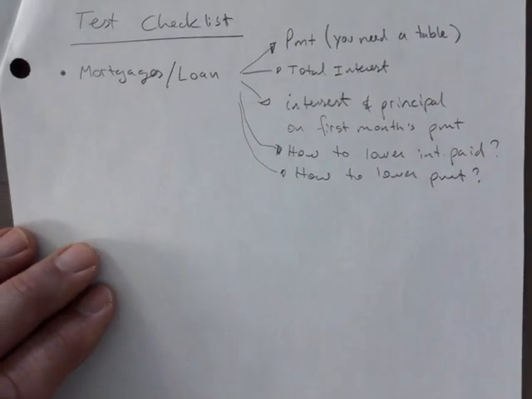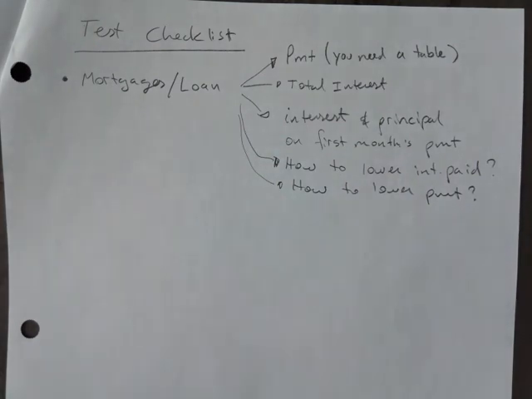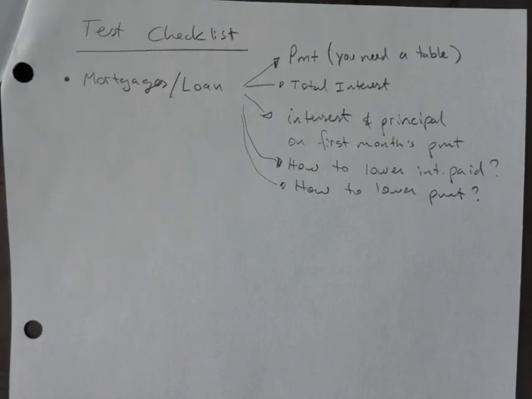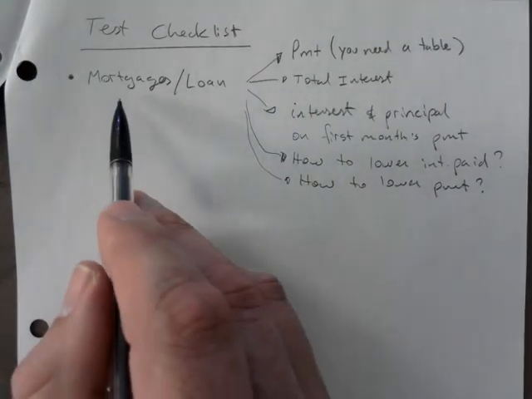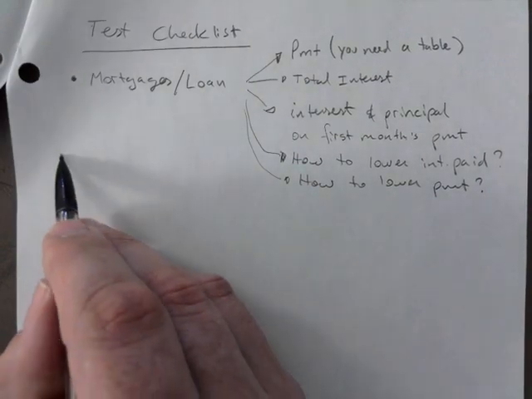We talked about all those things, and there should be something on your study sheet telling you that. I can't reteach everything. We'd be here for a very long time. So mortgages and loans, that's what you need to know.